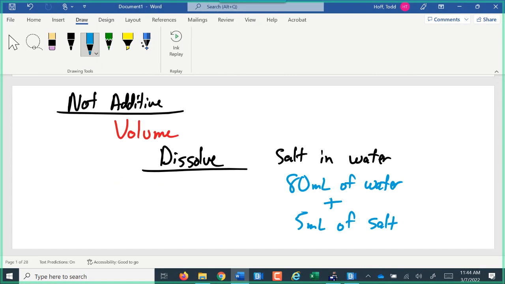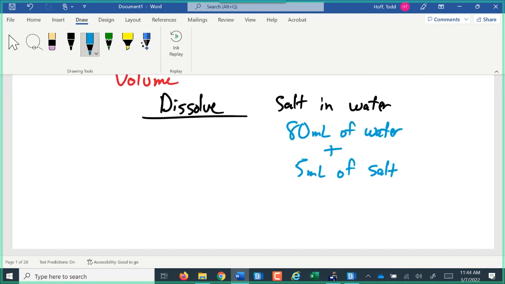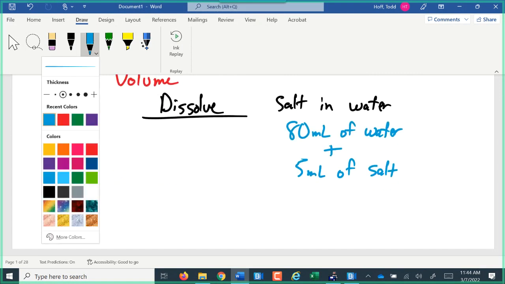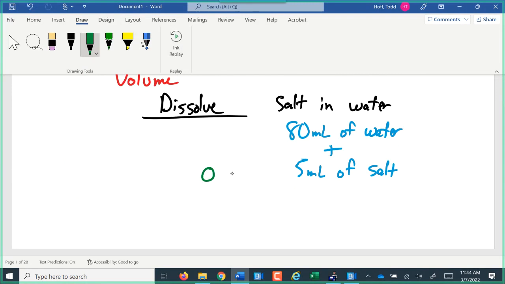However, it is not. Because with volume, it depends on space between particles. Even though water's a liquid, there's still space between the water particles. Those particles are in loose chains throughout the liquid. It looks something like that.